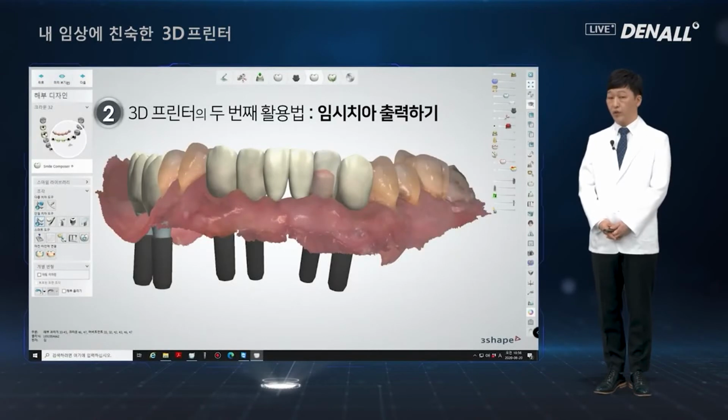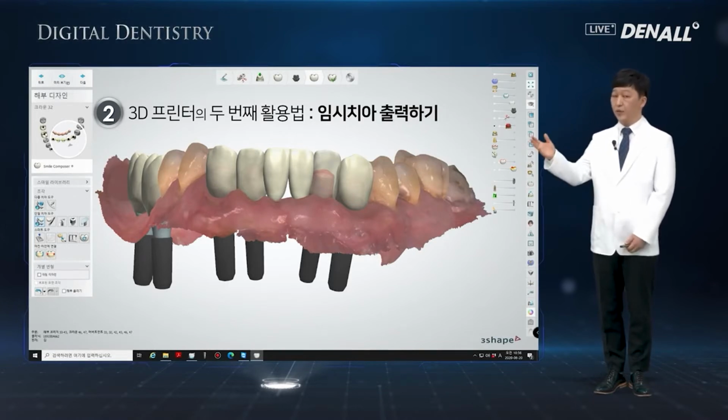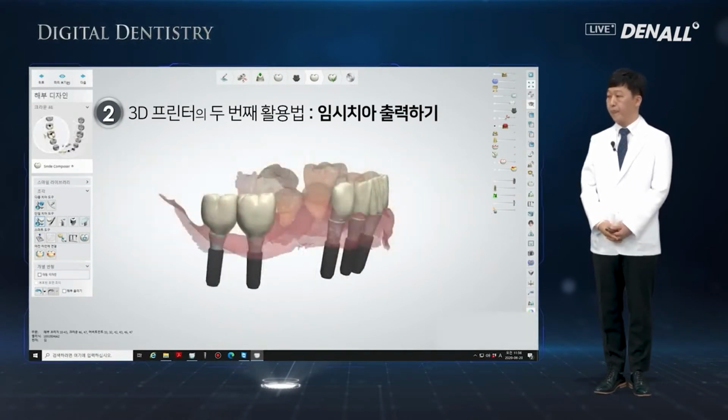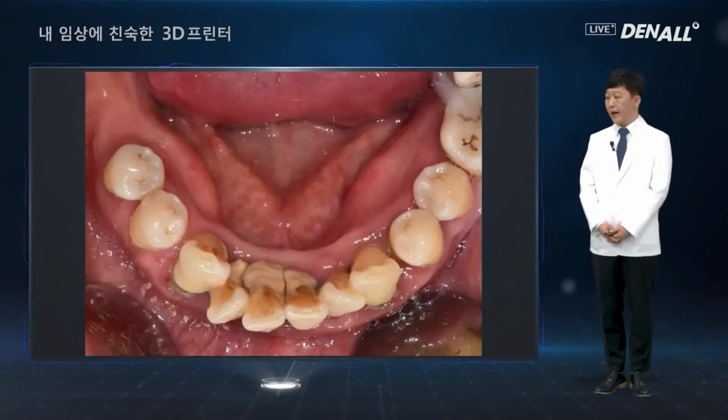At the same time, temporaries were designed using the dental system to be delivered right after placing the implants. The left, anterior, and right parts are all designed and printed in advance.